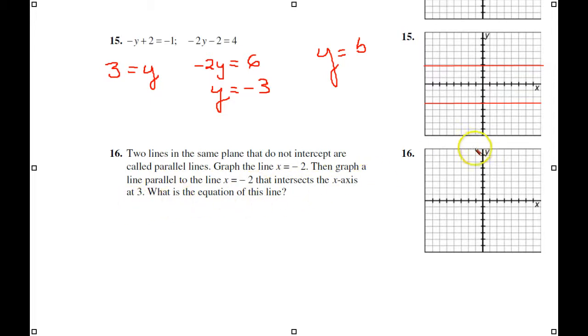Okay, so here's our first line, x equals negative 2, and a line that would be parallel that intersects at 3 would be this one. What is the equation of this line? Well, it's going to be x equals 3. It's getting to be a little easier, I think, now that we're getting a lot of drill.